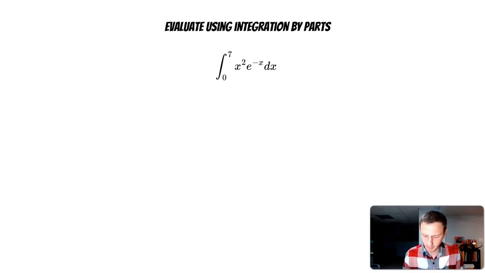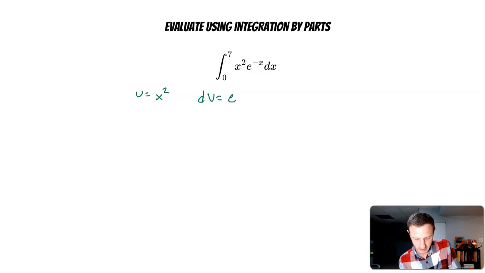In integration by parts, there are a lot of different rules and ways to formulate which to set as your u and everything. But the u here is going to be the algebraic statement of x squared. So I'm going to set u equal to x squared. That means our dv is going to be e to the negative x dx.